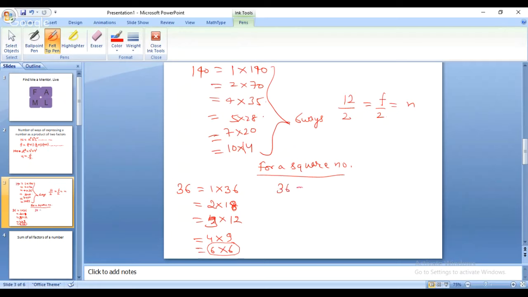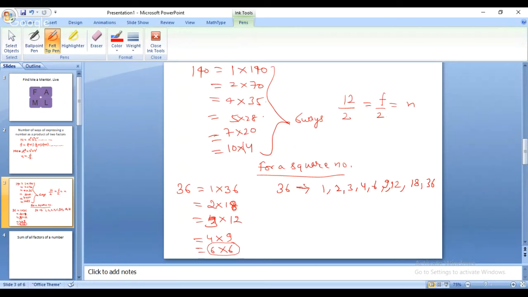The factors of 36 are 1, 2, 3, 4, 6, and 6 will not come again, 9, 12, 18 and 36. We are getting 9 factors of this number, right?